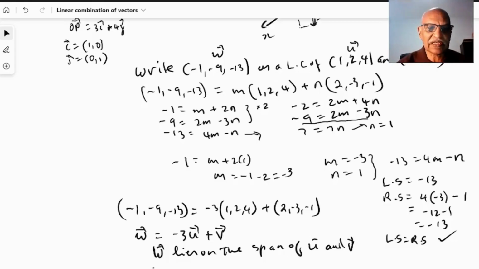Or we say they are coplanar, means they lie on the same plane. Okay, so in order to be coplanar or in order to be written as linear combination, they must be non-collinear and non-zero vectors.